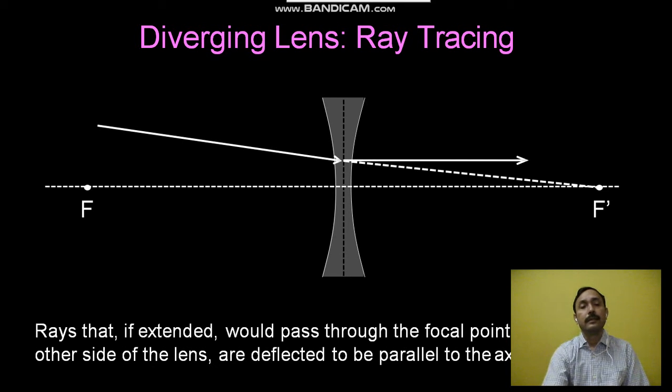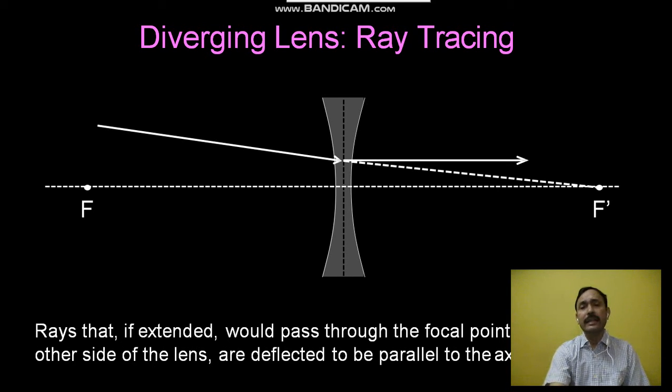Rays that, if extended, would pass through the focal point on the other side of the lens are deflected to be parallel to the axis.